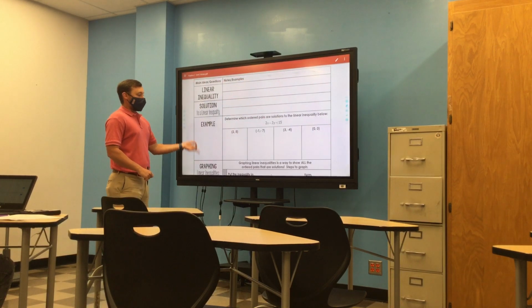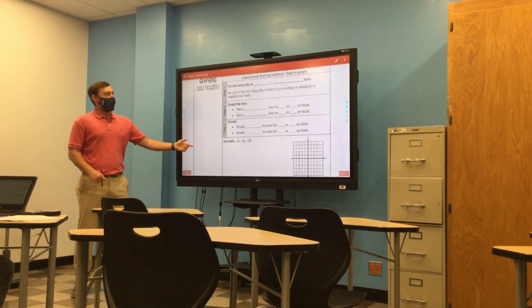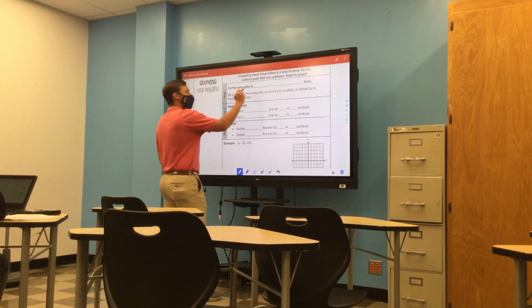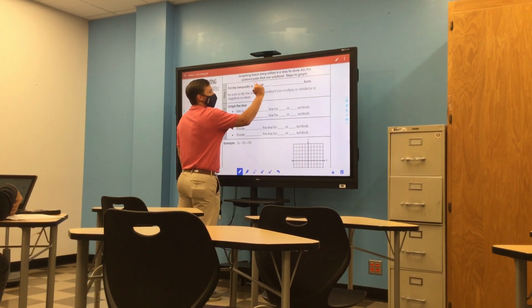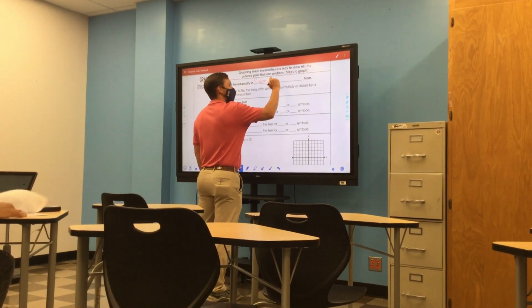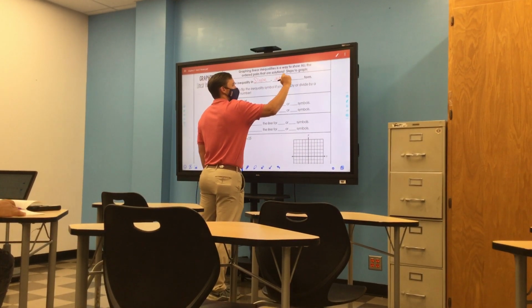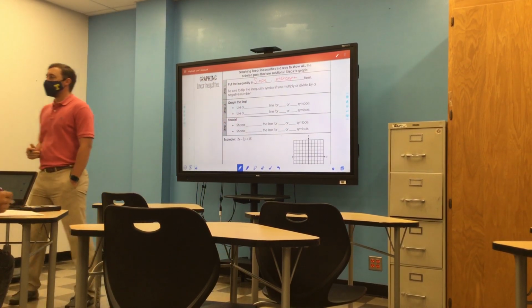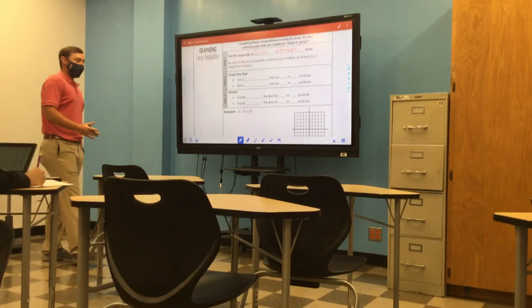A lot of times when you're graphing, if you were to do this by hand, you would want this in slope intercept form. You've seen that with your equations, right? Same thing for inequality.